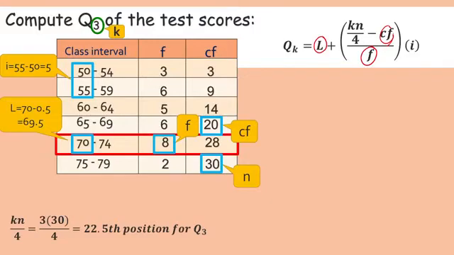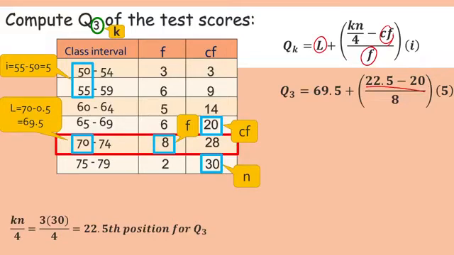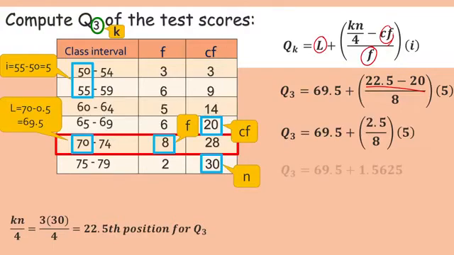So substituting everything to our formula, you will have that. So what is 22.5 minus 20? You'll have 2.5. 2.5 times 5 divided by 8 is how much? 1.5625, sir.